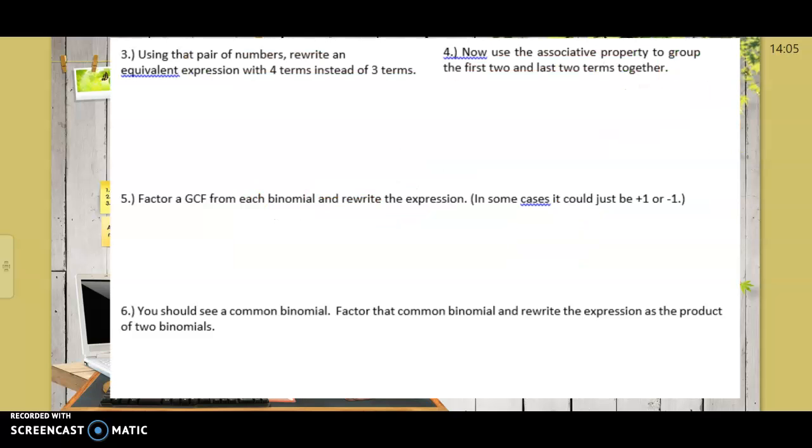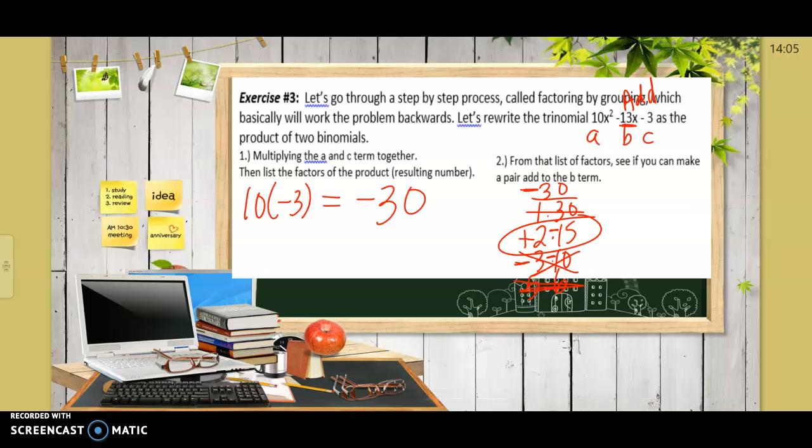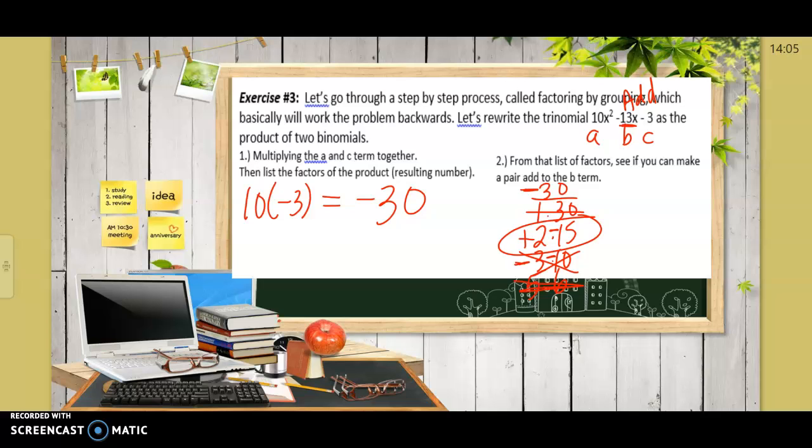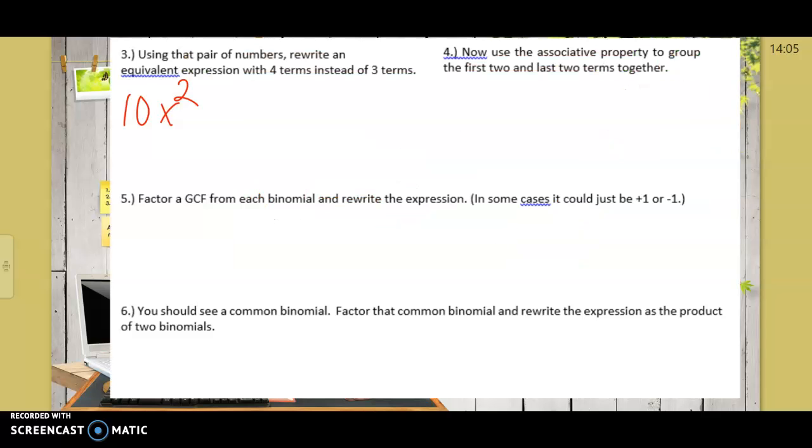Okay? So now that we've got the two numbers, we're going to rewrite this. So we're going to keep the 10x squared. Now I'm going to use my two numbers, positive 2 and negative 15, to rewrite this 13x. So positive 2x minus 15x, and then it was still minus 3.